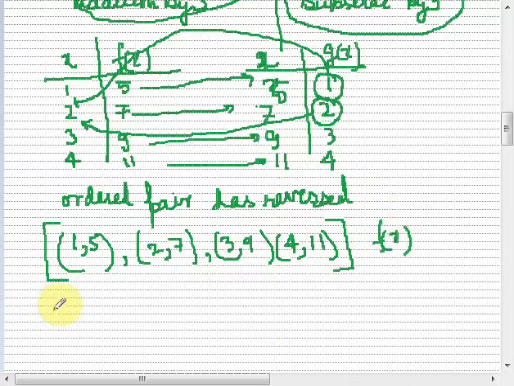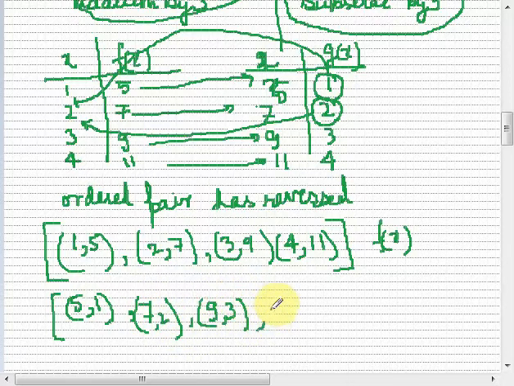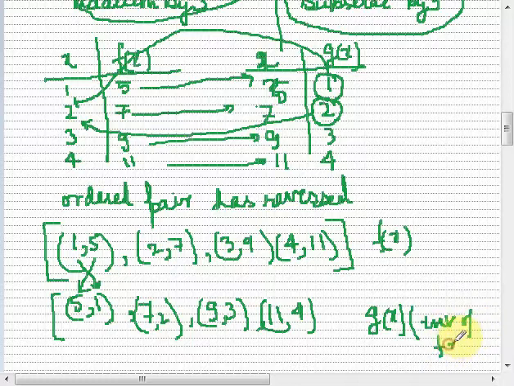However, in gx, what are the ordered pairs? (5, 1), (7, 2), (9, 3), (11, 4). So you see, the places have changed. This is gx, which is the inverse of fx. So in the inverse of fx, the places of the ordered pair just changed.